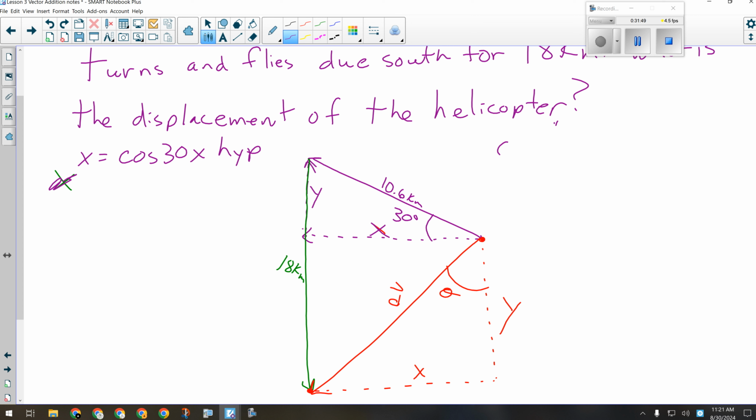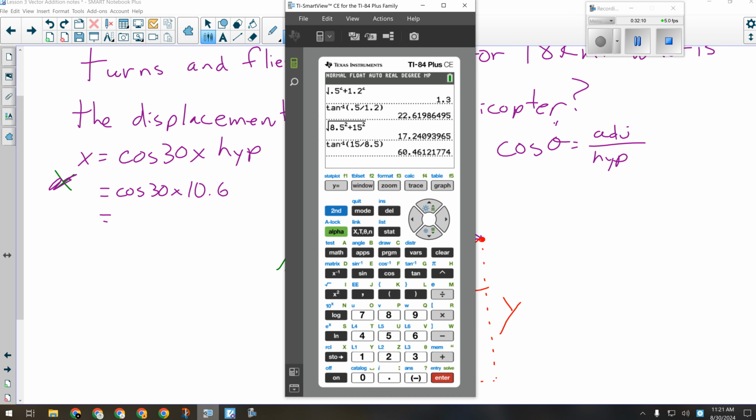Because the cos of theta equals the adjacent side, which is the side I don't know, x, divided by the hypotenuse. So all I've done is manipulate and bring the hypotenuse over. Everybody okay with my math there? So that's going to be cos of 30 times 10.6. That's going to tell me how far west the helicopter goes. I'm just going to write 9.18, but I'm going to keep all those numbers in the calculator.